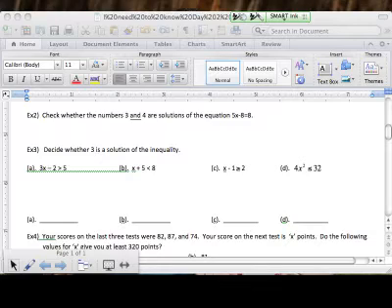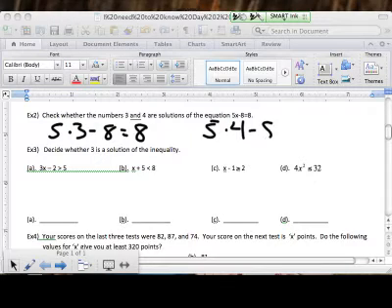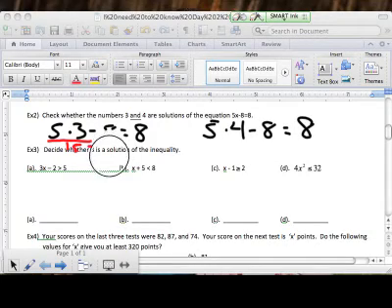So for the first one, you're going to do 5 times 3 minus 8 equals 8, and you're also going to look at 5 times 4 minus 8 equals 8. 5 times 3 is 15, minus 8. 15 minus 8 is not 8, it's 7.